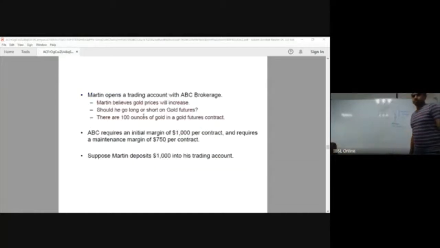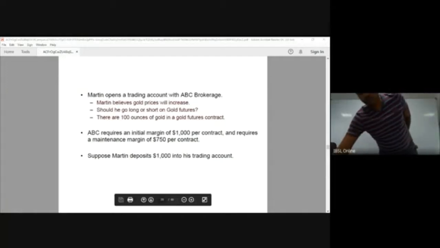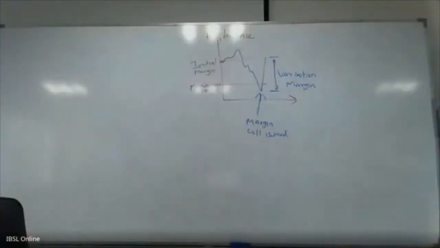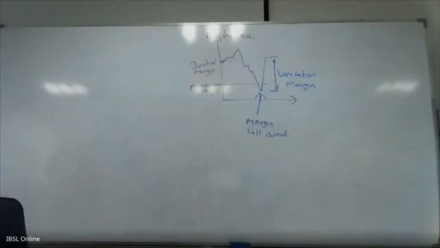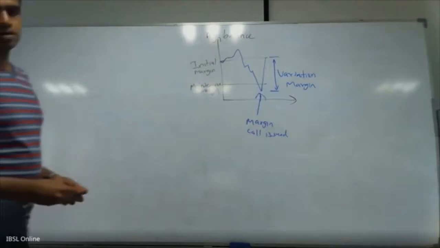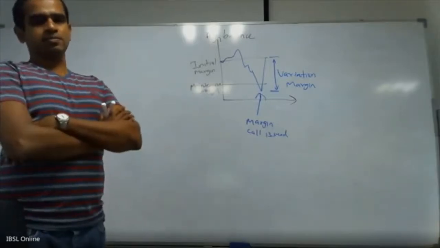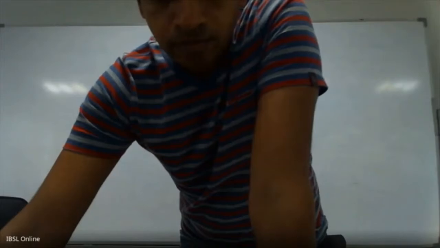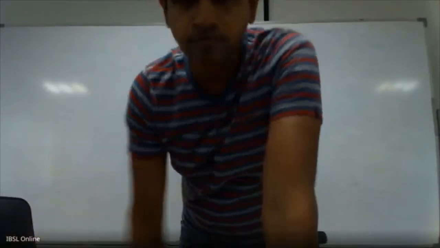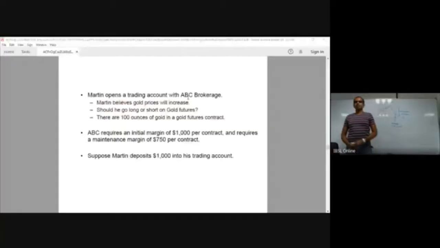So let's go through this example. Martin opens a trading account with ABC Brokerage. He believes gold prices will increase. Should he go long on gold futures or short? What do you think?